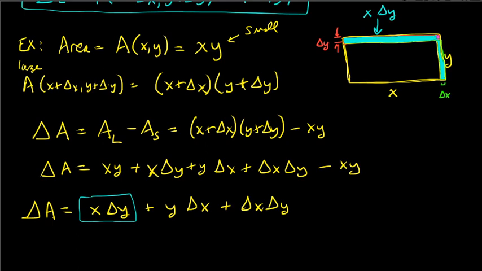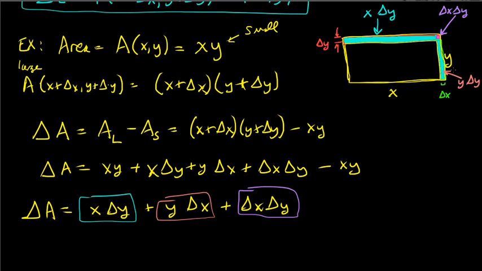Can I do Y times delta X? Yep, that's this piece right here. And finally, delta X times delta Y, that's this tiny little rectangle here, it looks like a square.